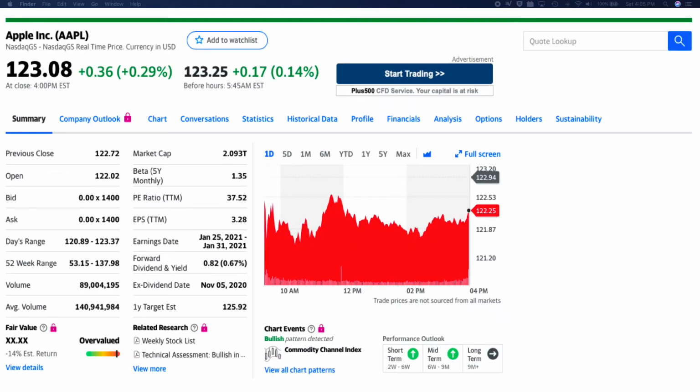So here we can look on Yahoo Finance and see that they're showing the earnings per share TTM. TTM is trailing 12 months, and that's 3.28, as we just saw on the report from Apple, which is on their investor relations site.